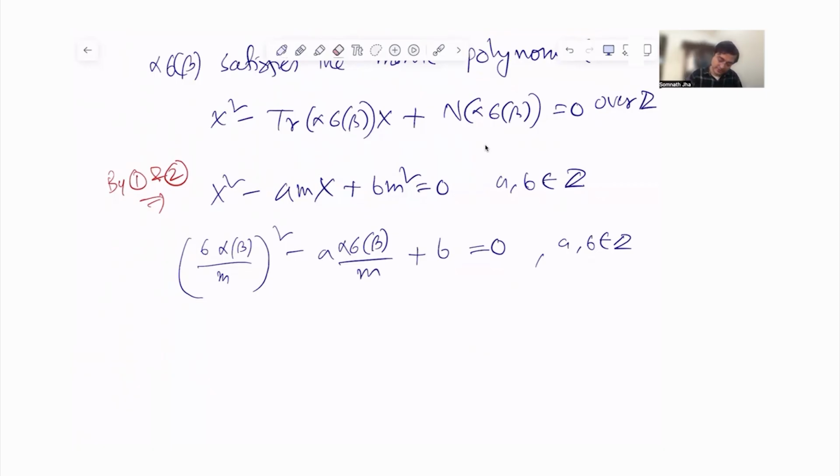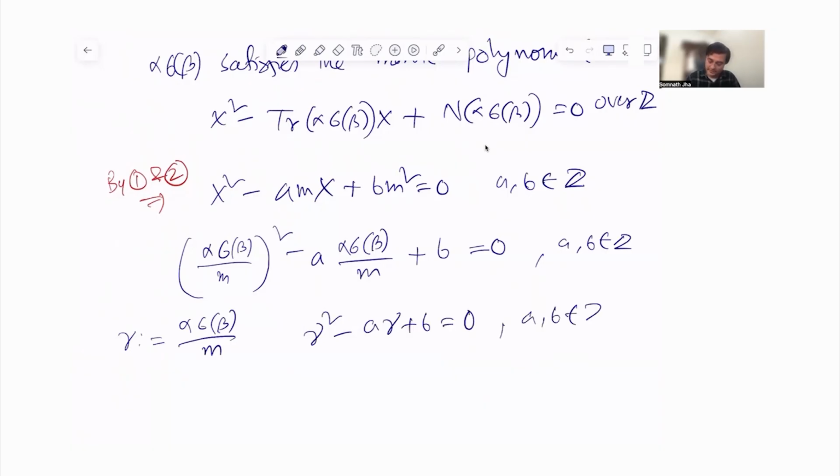So putting gamma equal to alpha times sigma beta by m, then gamma squared minus a gamma plus b equal to 0, with a, b in Z. This implies that alpha sigma beta by m belongs to OD.